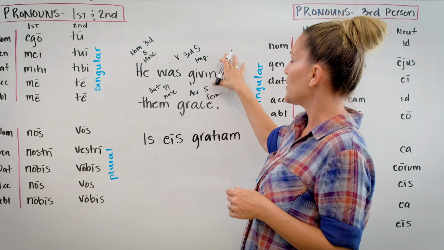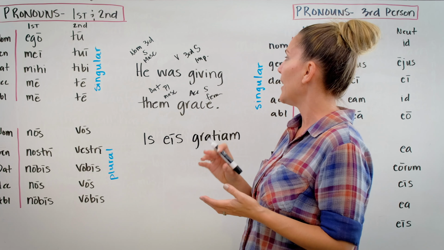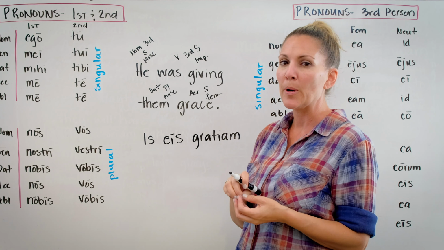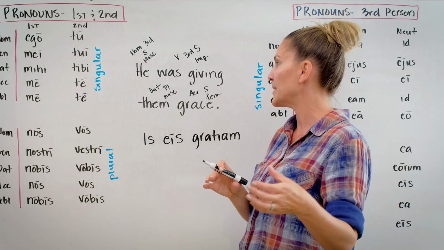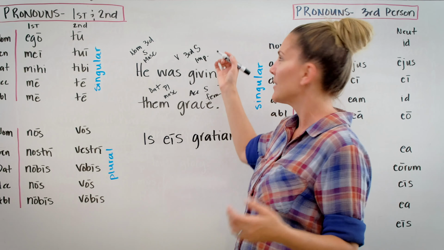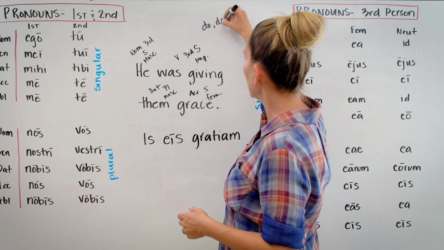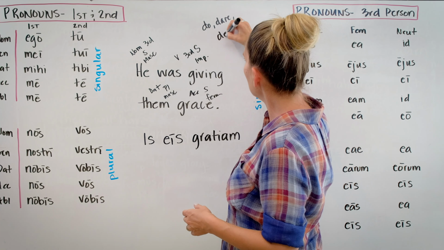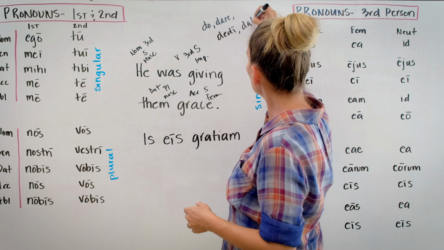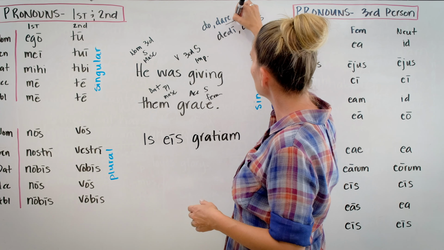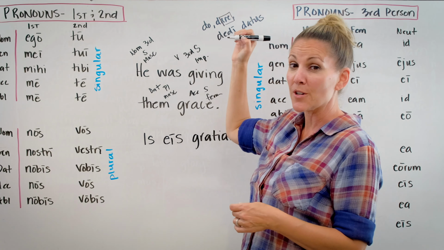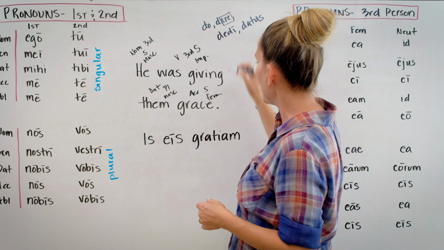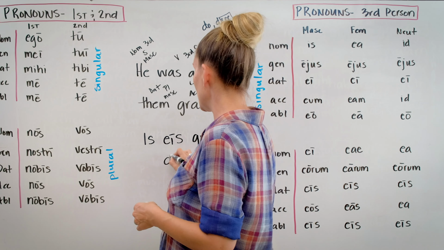And then finally I come to my verb. I need a third person singular imperfect form to put on the end of my stem. So the word for giving is do, dare, dedi, datus. And I can tell by looking at this ends in are. This belongs to the first conjugation. So I'm going to drop the are, which gives me my stem of just d.